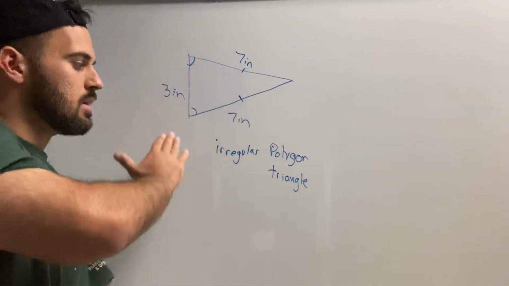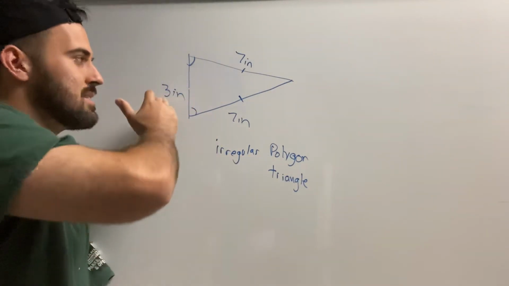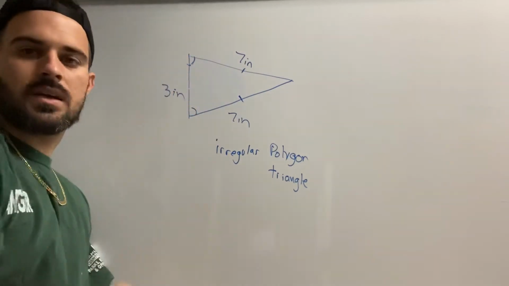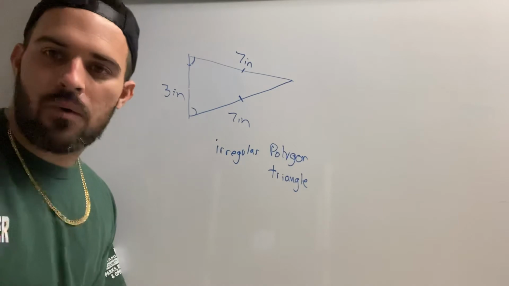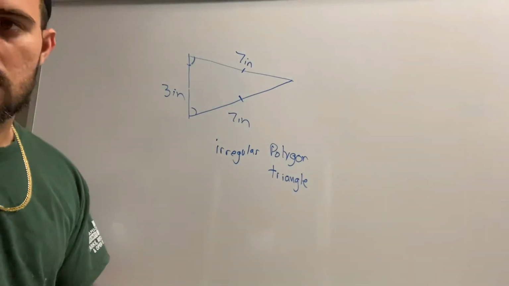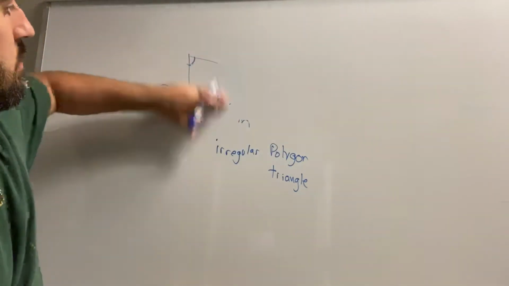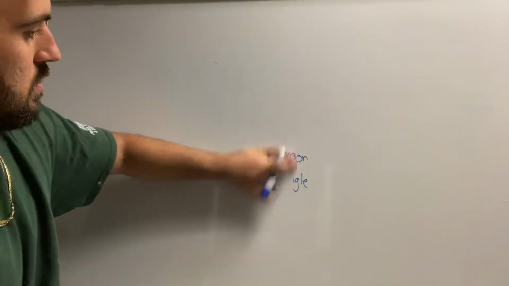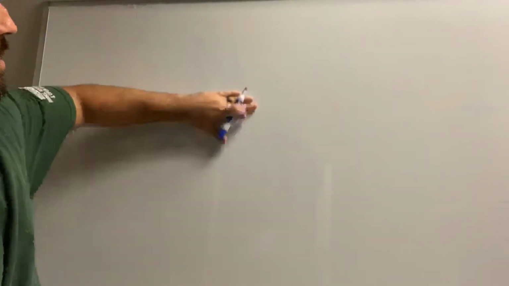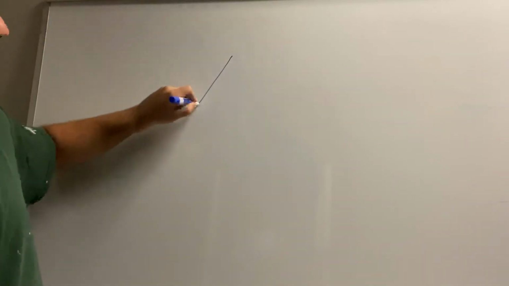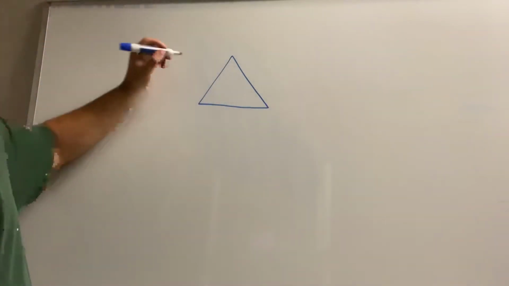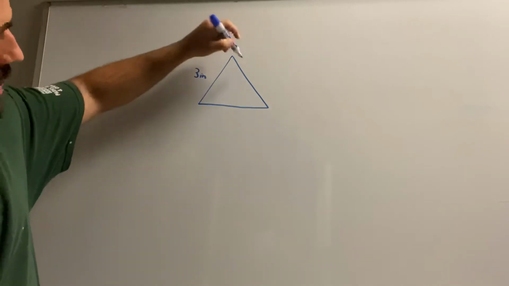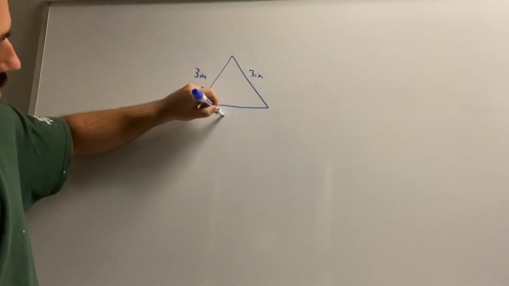Now, this would be an irregular polygon once again because it has different sides and not all angles are the same. Now, let me show you how a regular triangle would look. Okay, here we have a triangle, and let's just say this side would be 3 inches, this side would be 3 inches, and this would have 3 inches, right?